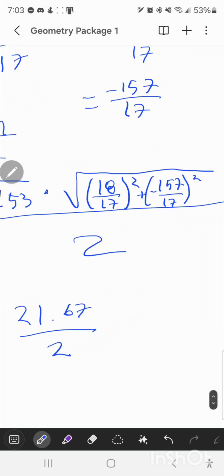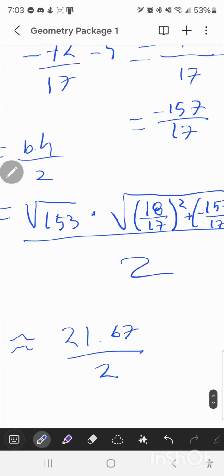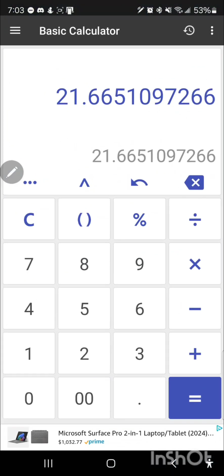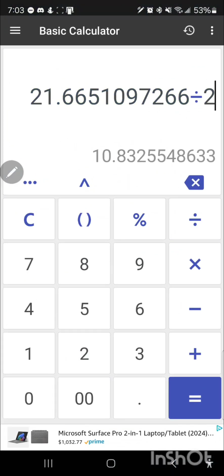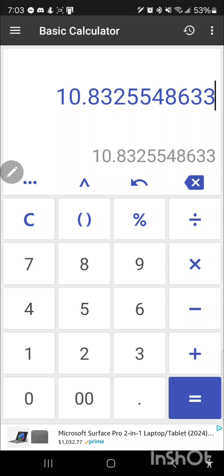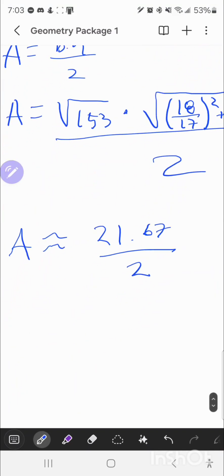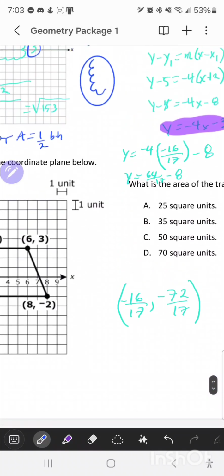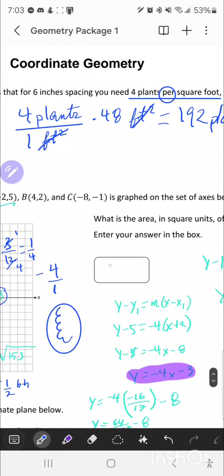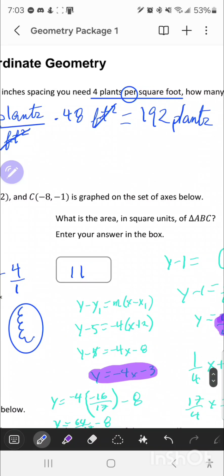Remember, I only did the upper part, so over 2. Now I take my result and divide it by 2, and I get 10.8, which I can approximate. I will say that A is approximately 11. And this is my answer. So I go here and say that the area is approximately 11 square units.